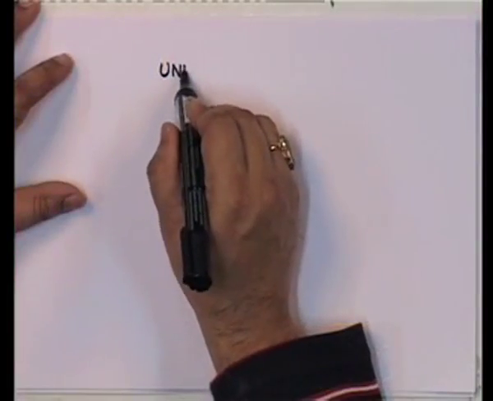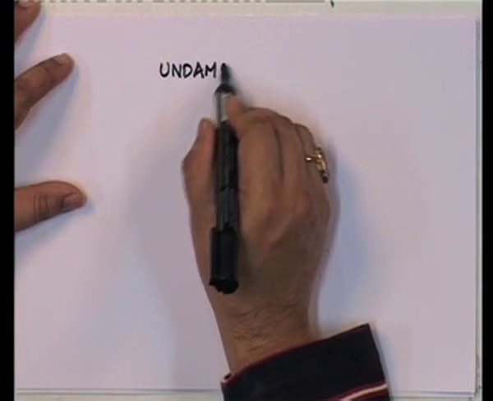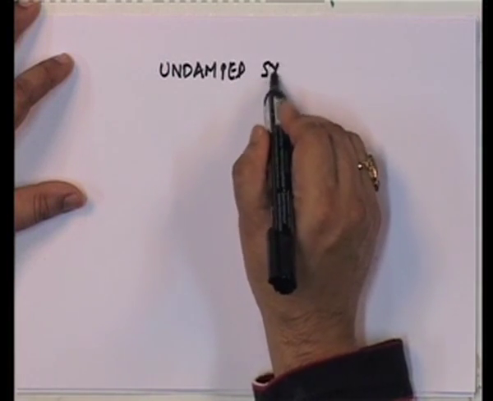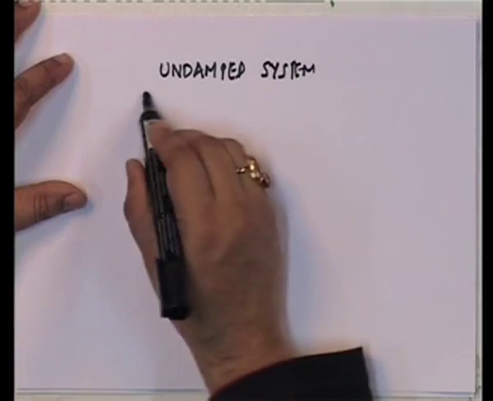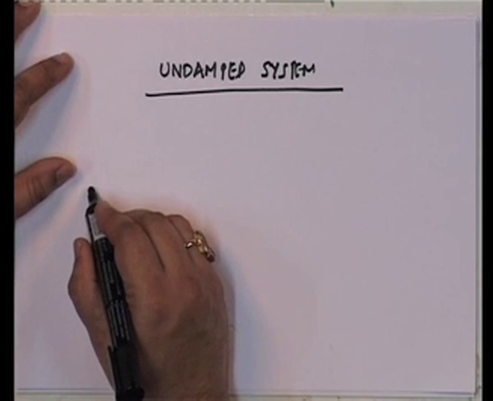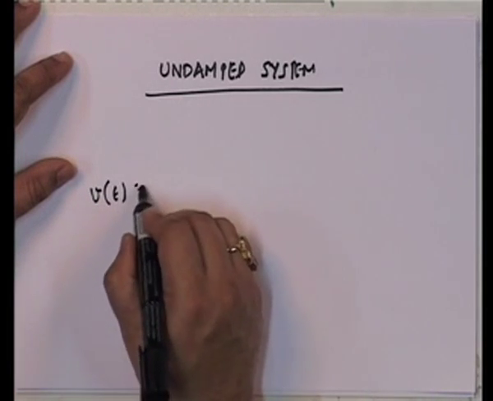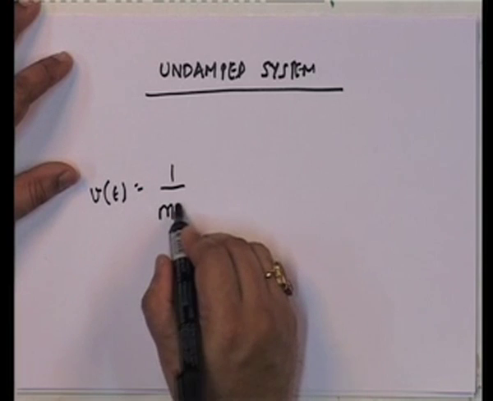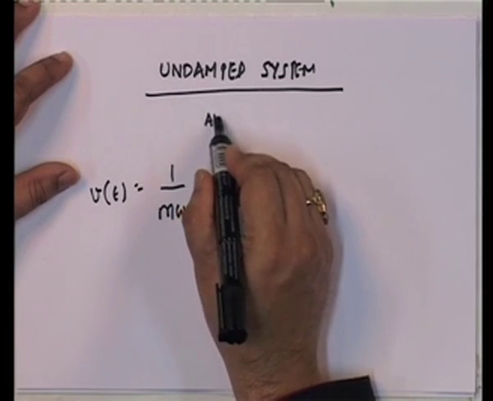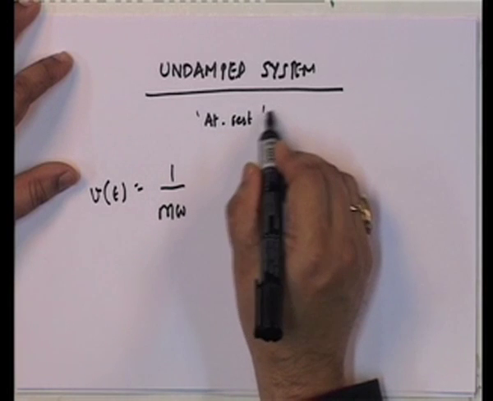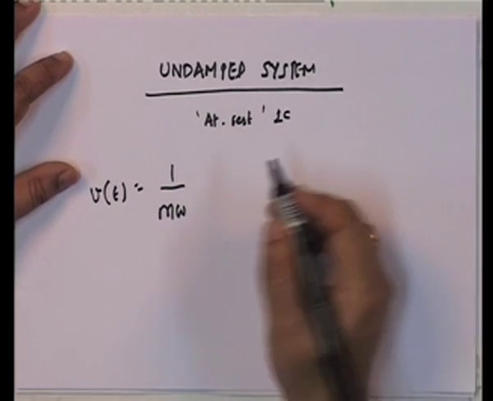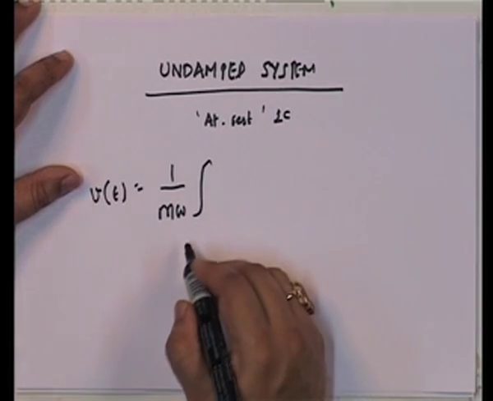What are the specific things? I will start off with the classical Duhamel integral approach, and let me rewrite this. Let me start off with an undamped system, and we know that v of t is equal to 1 upon m, with the assumption of at rest, which is typically so because before you have a load, the structure is always at rest.